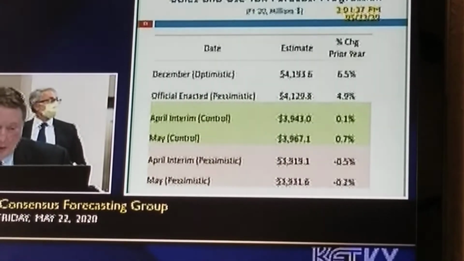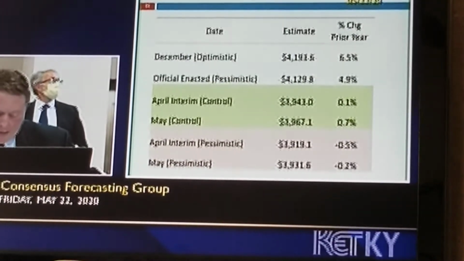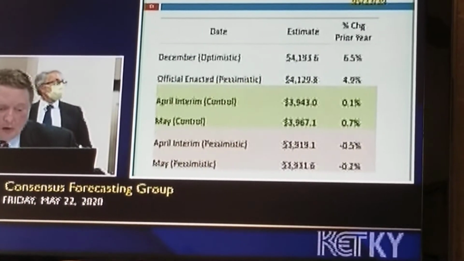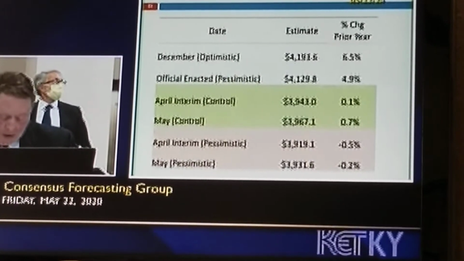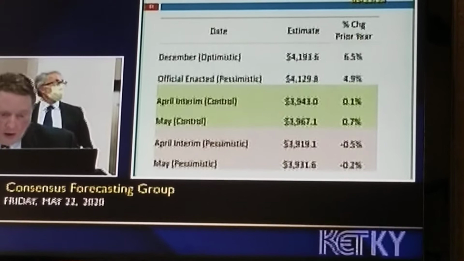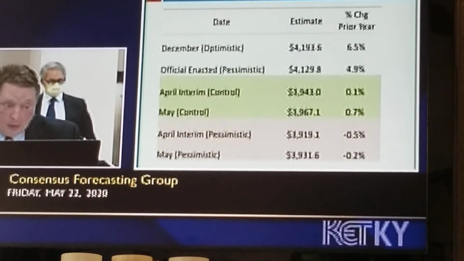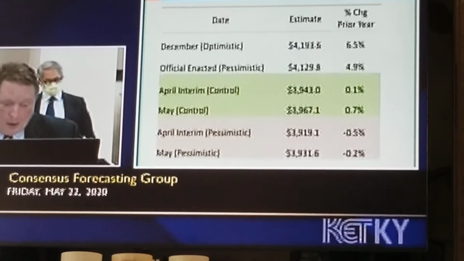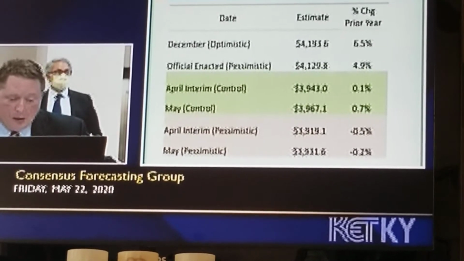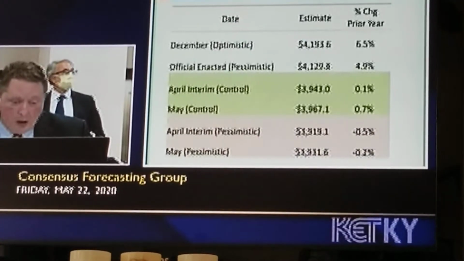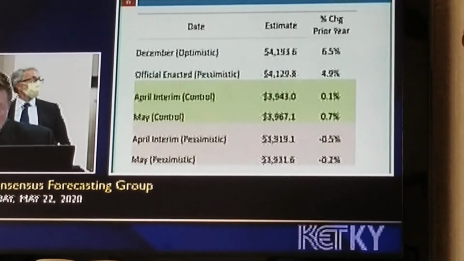Versus the enacted, which is 4129.8. The May control is 3967.1. So it's down 162.7 million from the enacted estimate, which was the pessimistic estimate. And the May pessimistic number is 3931.6, which is down 198.2 million from the enacted estimate.